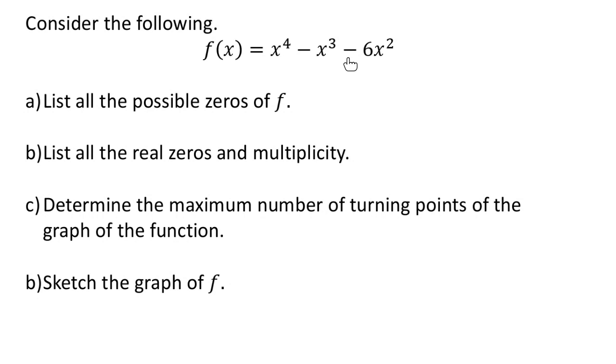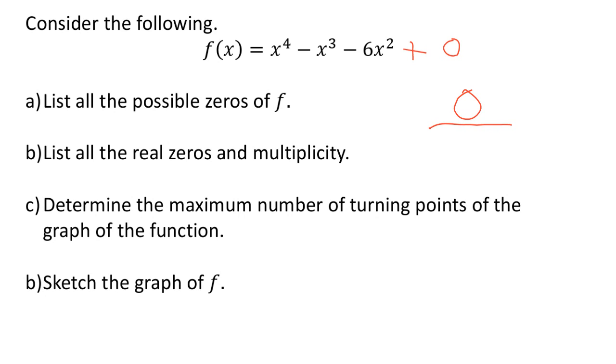So here, what is my constant? So my constant is a 0, right? I have nothing there. So the factors of 0 are going to be what? Just 0. Okay, so it's 0. And we're supposed to divide those by the factors of the leading coefficient, which is 1.